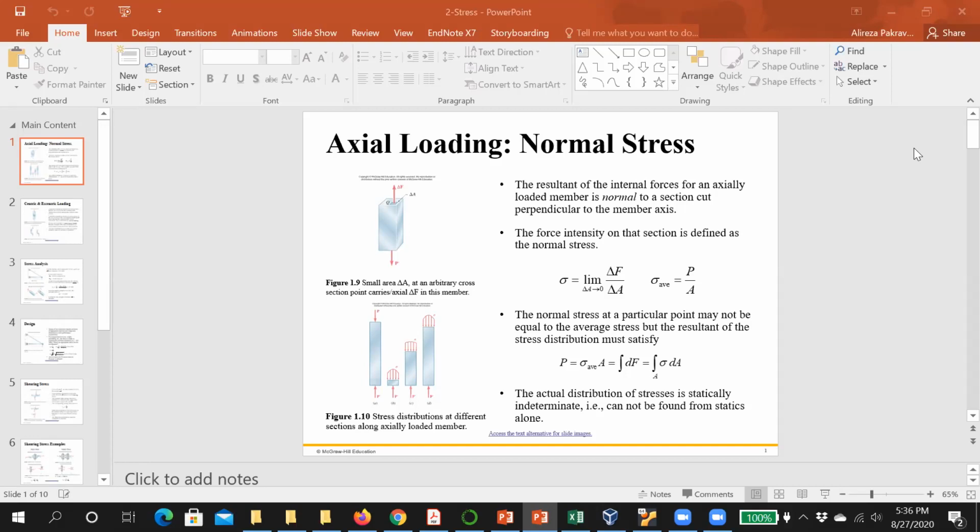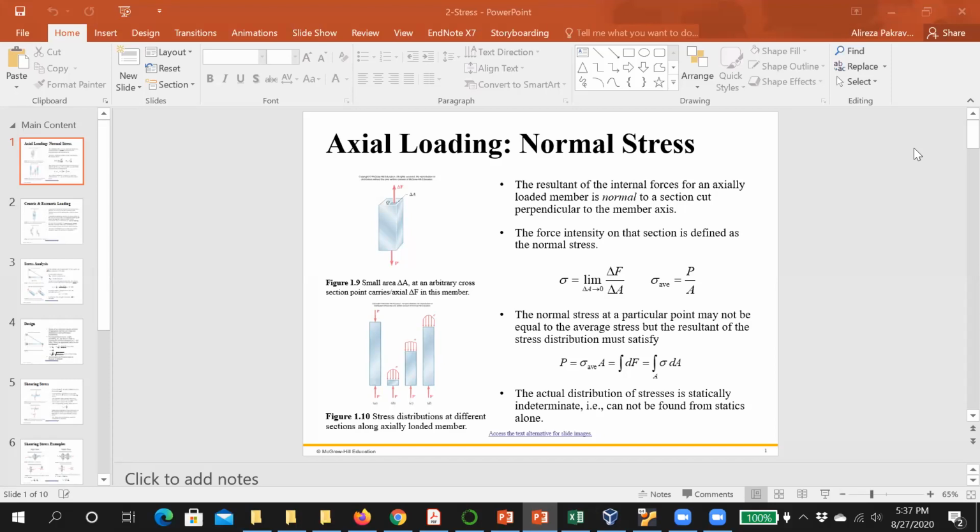Just knowing this load, we don't know whether it is critical for this member, whether it makes a crack in this member or that member or not. In other words, the force alone cannot help us check the behavior of the system, element, or object.